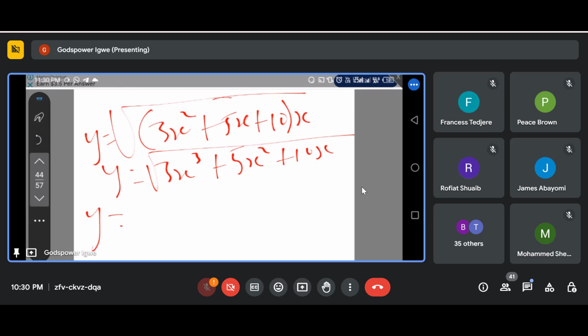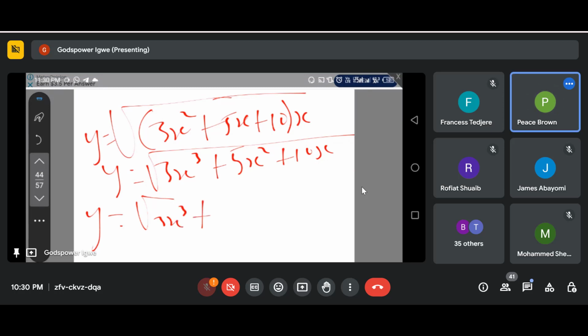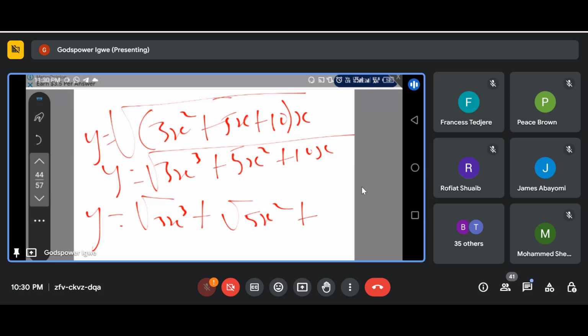It's the same thing now. Let's say this is root. Will it work to square both sides? This cannot work because it's plus.